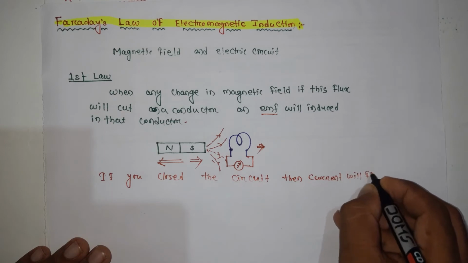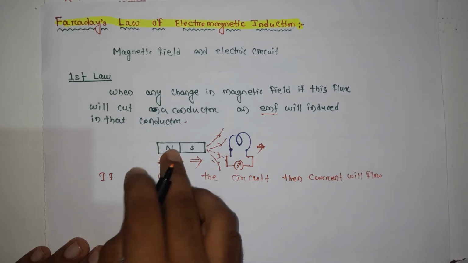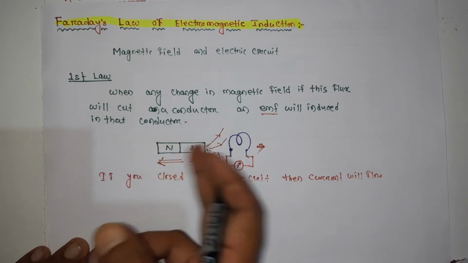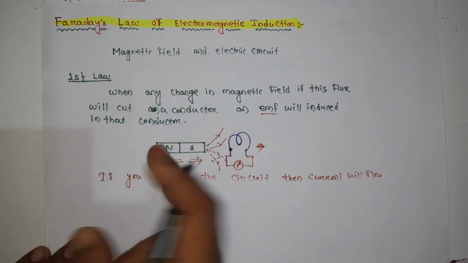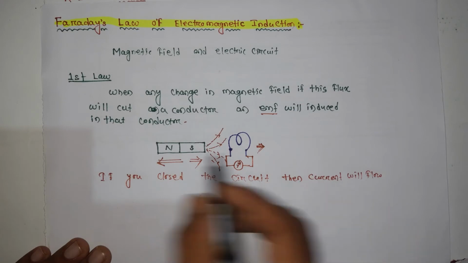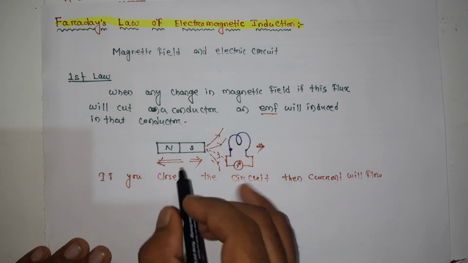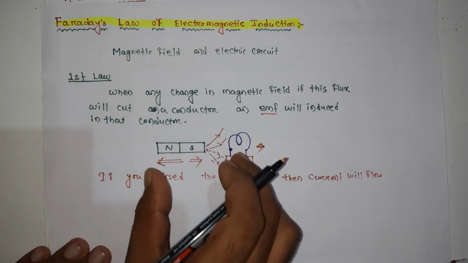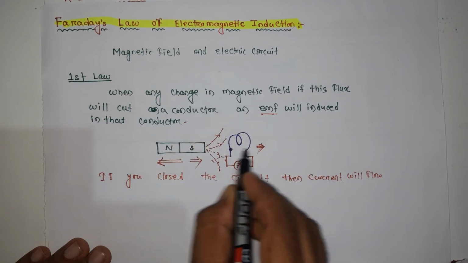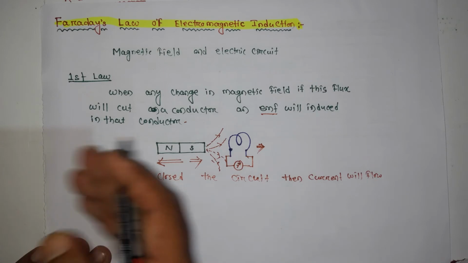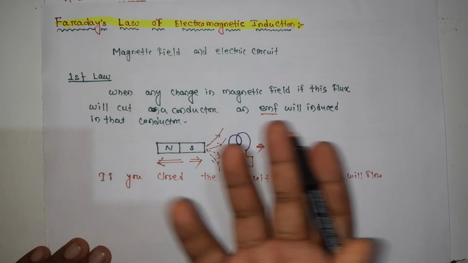You can take an electromagnet, or you can also take a permanent magnet. You can move it anywhere, but you need some relative motion between the coil and magnetic field. If you move this upward and downward or rotate it, that will generate some EMF.